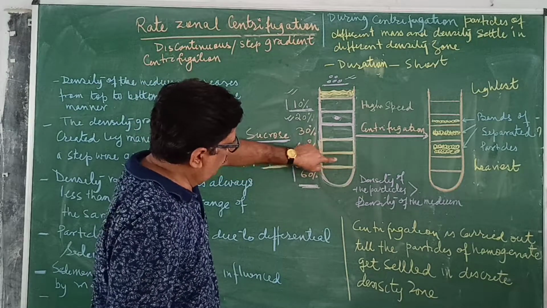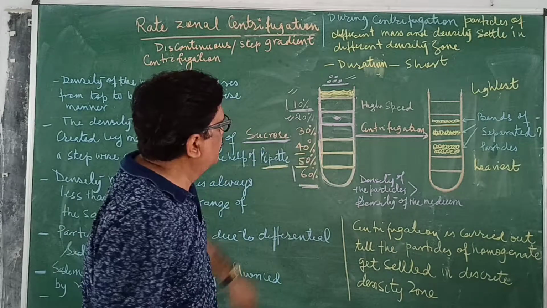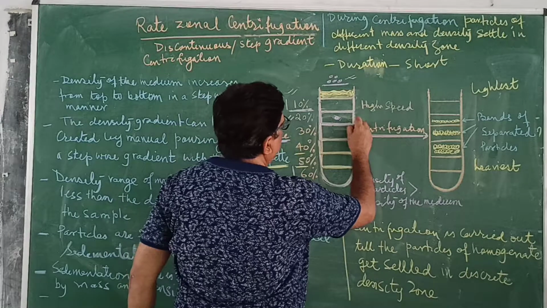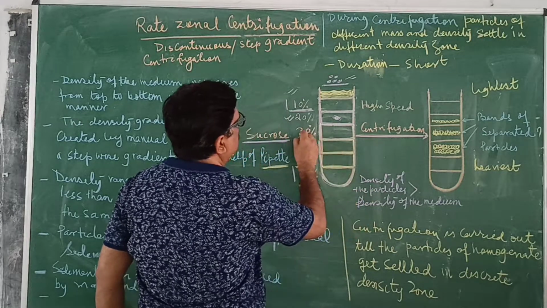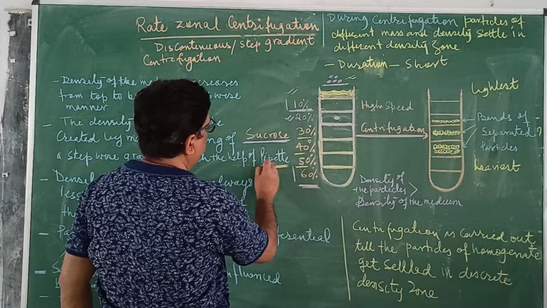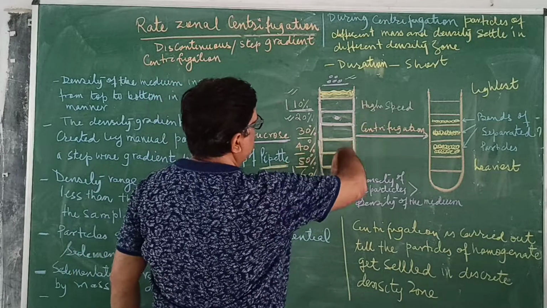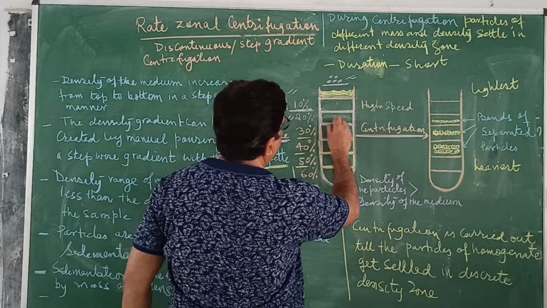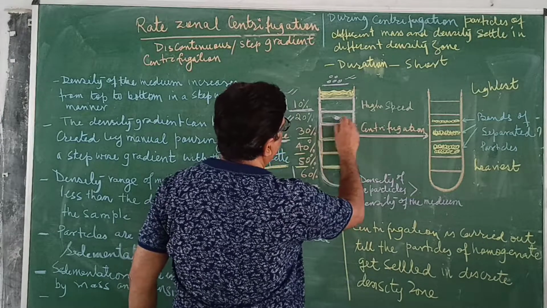Further, 30% sucrose is poured into the same test tube, and it will settle over the 40% sucrose, forming a zone over here.